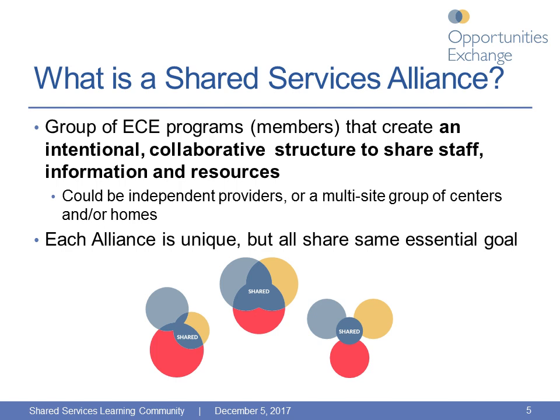And this could be a group of independent providers who are sharing some of what they do. It could be a multi-site group of centers. It could be a network of homes. Each alliance is unique in how they're structured and what they share, but they all share the same essential goal of trying to build their capacity to provide high-quality care.